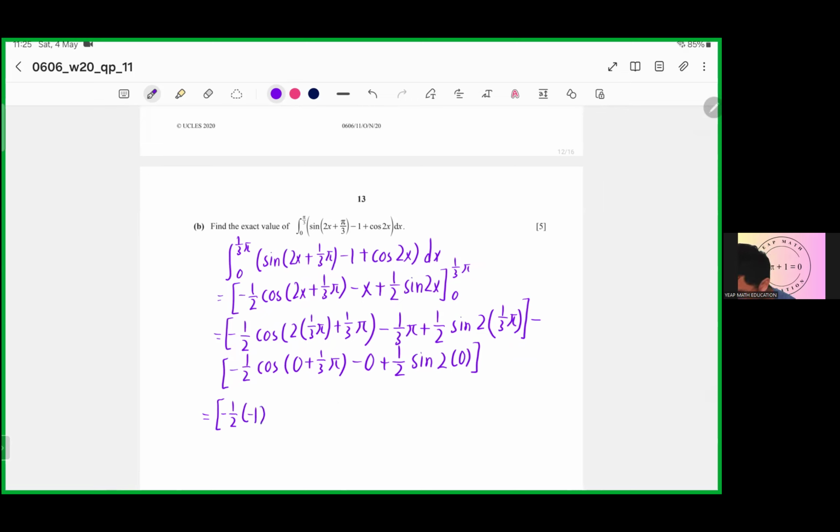Okay, negative 1 over 3 pi plus 1 over 2. So 3 over 2, and then minus.